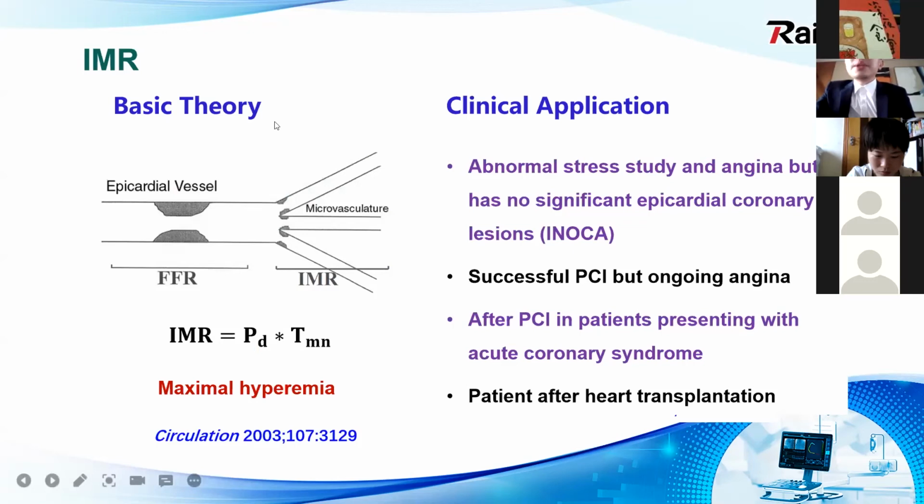It can be used in some regions like abnormal stress study and angina, but with no significant epicardial coronary lesions, which is called INOCA. It also can be used in successful PCI but ongoing angina, and after PCI in patients presenting with acute coronary syndrome, and some patients after heart transplantation also need to have their IMR measured.